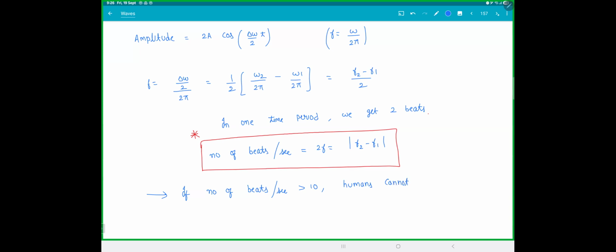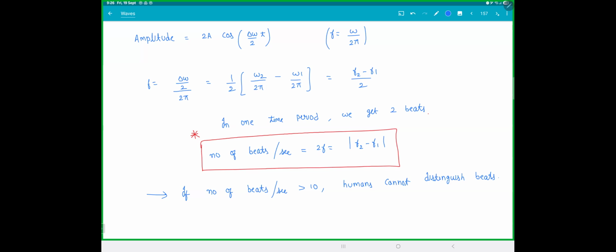It goes beyond our range. You think again it is a continuous sound. Clear with this? Well, that is the theory of beats.